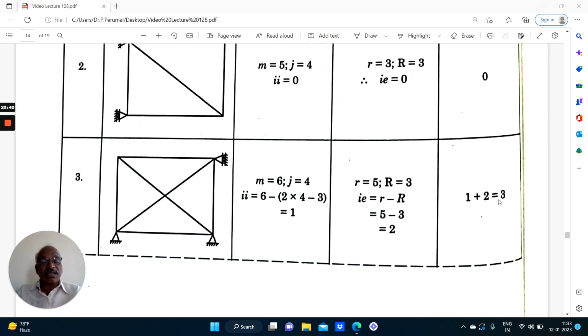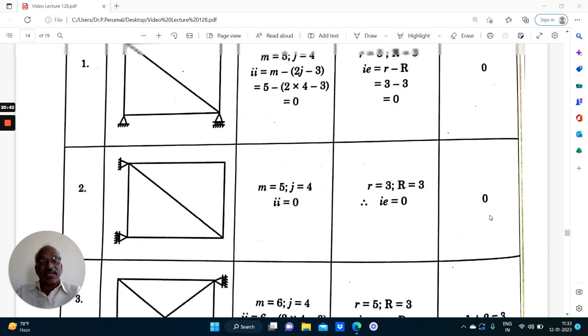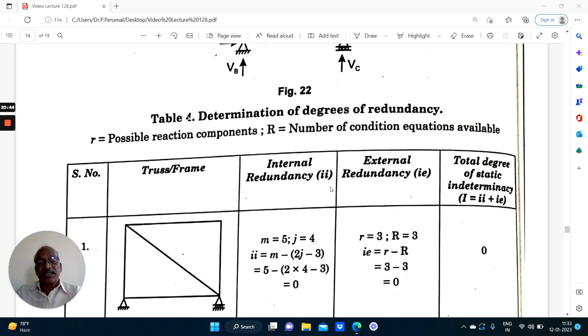So total degree of indeterminacy equal to II plus IE. I stands for internal indeterminacy, IE stands for external indeterminacy. Different books will use different notations. One thing I forgot to inform you is that this is material taken from our own book.